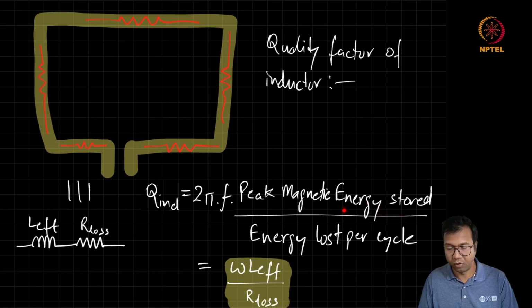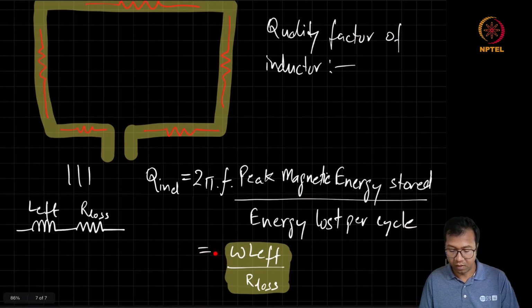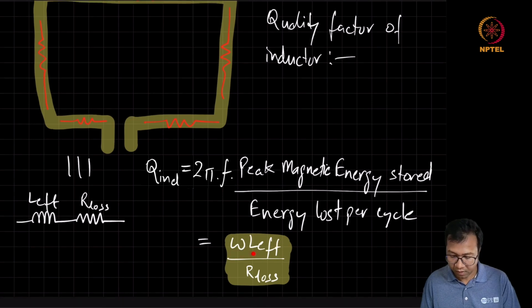So the peak energy is going to be half L I peak squared, and the energy lost per cycle can similarly be derived as I peak squared by 2R. So you'll find that you get this simple relation for the quality factor of the inductor at any frequency omega. Here L is in the numerator and R is in the denominator. So if you want to maximize the Q of an inductor, inductance has to be increased while reducing the resistance.